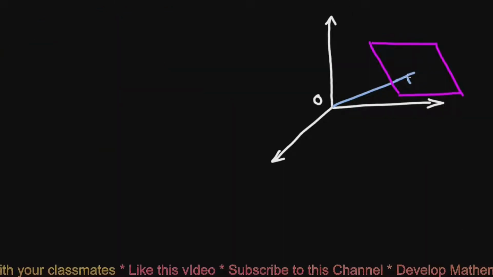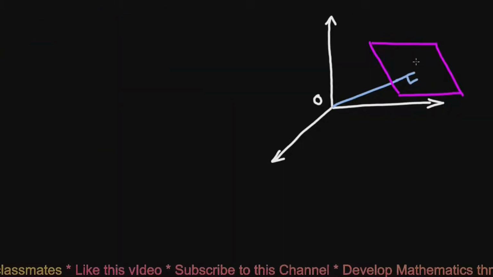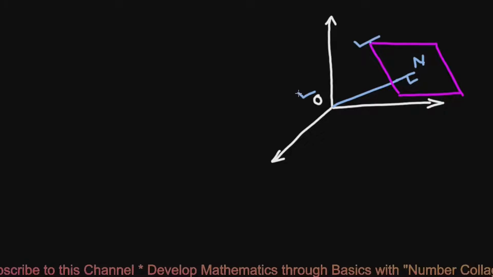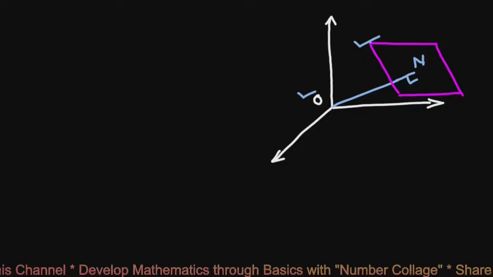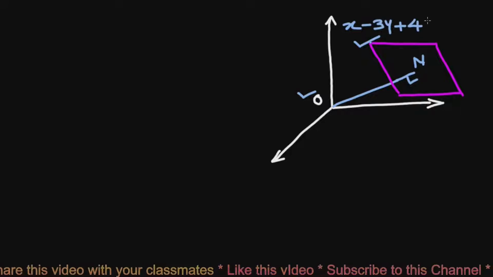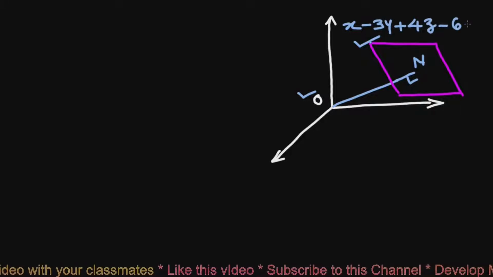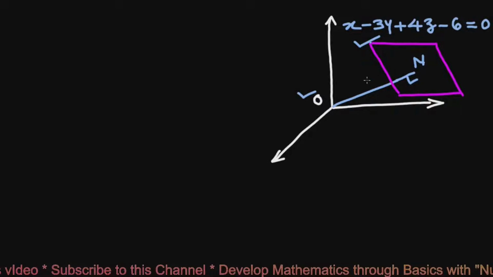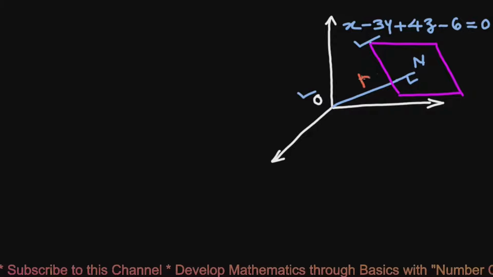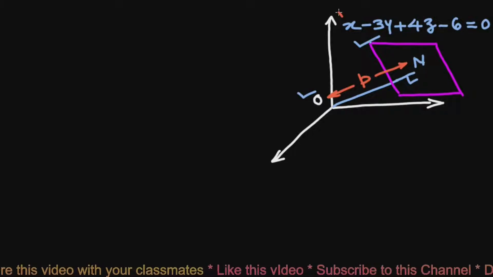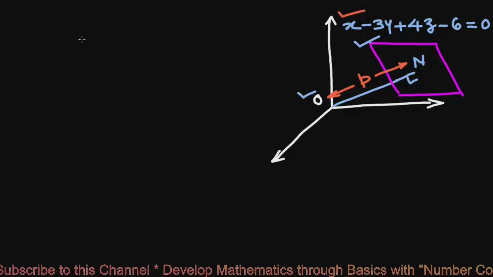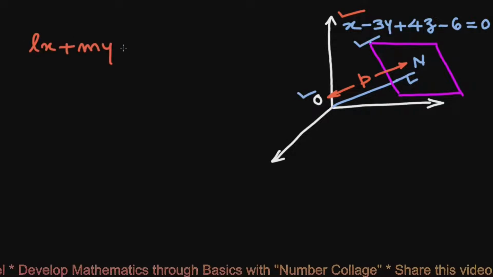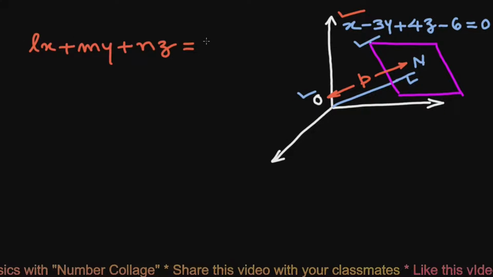We have to find the perpendicular distance of this plane from the origin, whose equation is x minus 3y plus 4z minus 6 equals 0. Now in order to find the distance p, we first write this Cartesian equation of the plane in the normal form: lx plus my plus nz equals p.